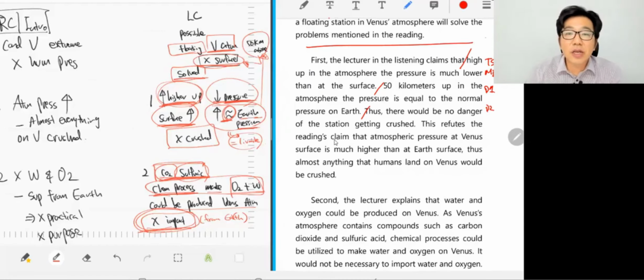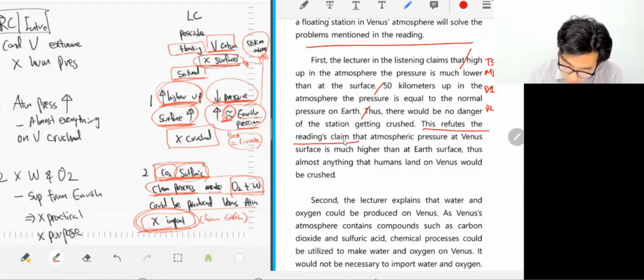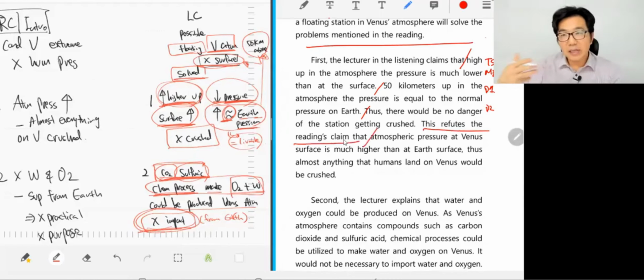This refutes the reading's claim that, so bridge sentence template you can use when you're getting into the reading part. Okay, so what does reading part say? Air pressure is too great, almost anything humans try to land on Venus surface will be crushed. So this refutes the reading's claim that.